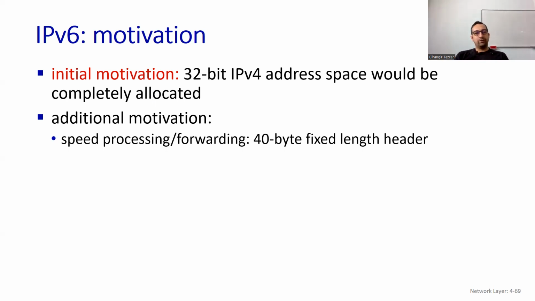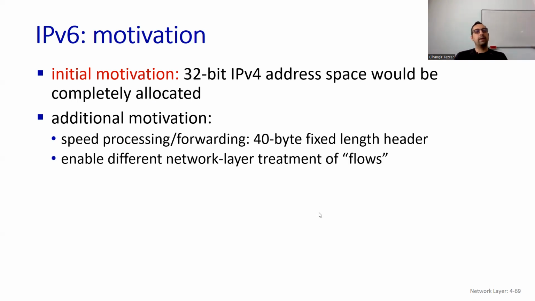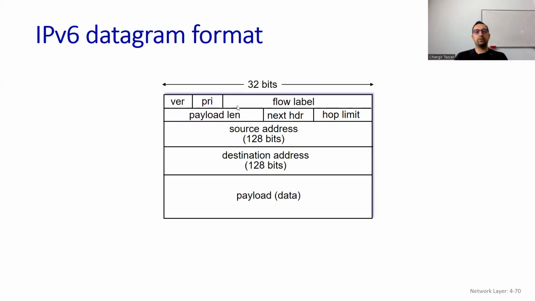Another motivation: speeding up processing and forwarding, because this time we don't have a variable length header, but a fixed length header of 40 bytes. Enable different network layer treatment of flows. Here you can label, though they are not explicitly defined in RFCs, different flows and prioritize them and so on.